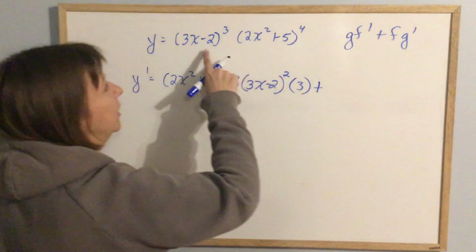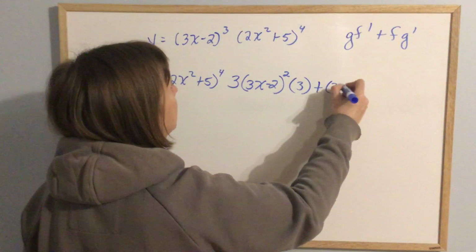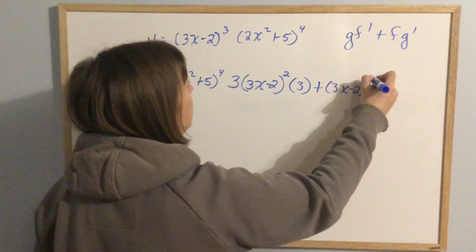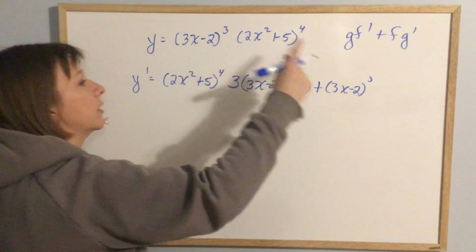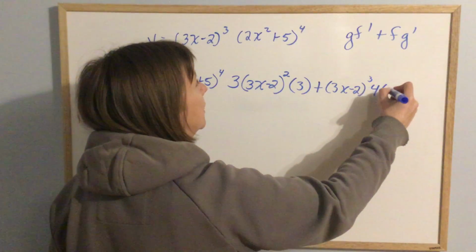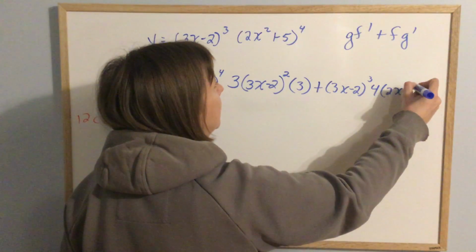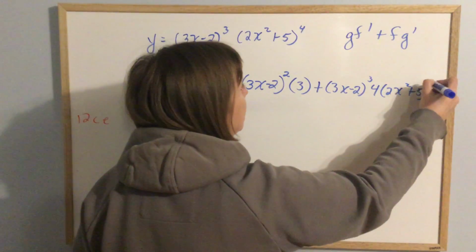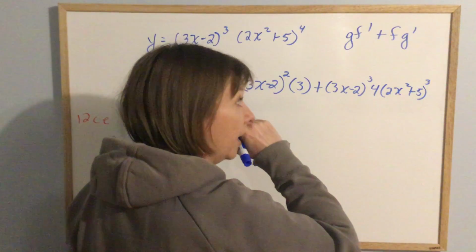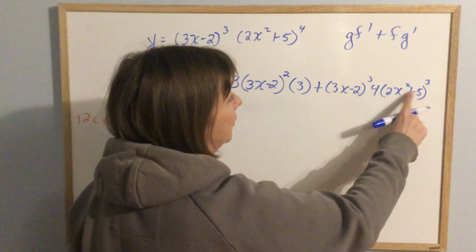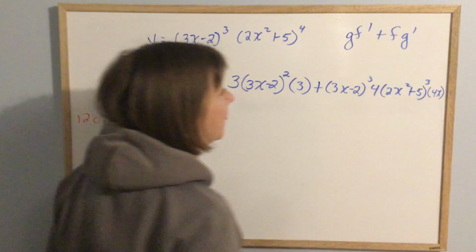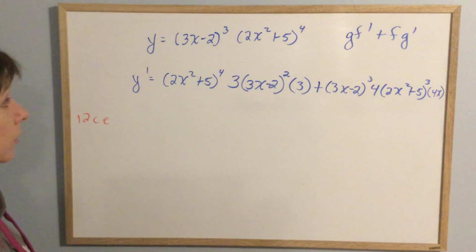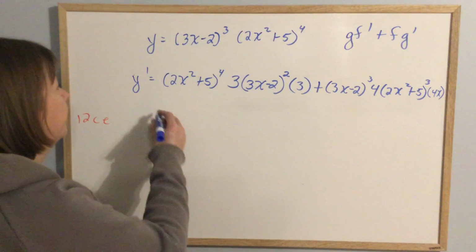Plus, now we leave F alone, 3x minus 2 cubed, but we do the derivative of G. So we bring the 4 down in front, leave the inside of the bracket alone, decrease my exponent by 1, and then we do the derivative of the inside, which would be 4x. All right, so now we have to clean this up.